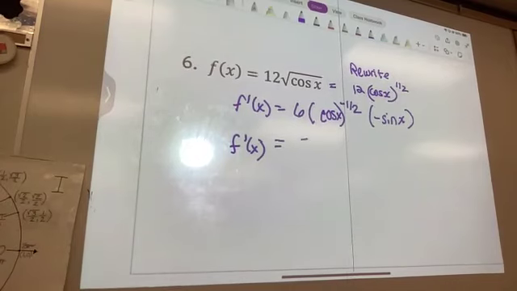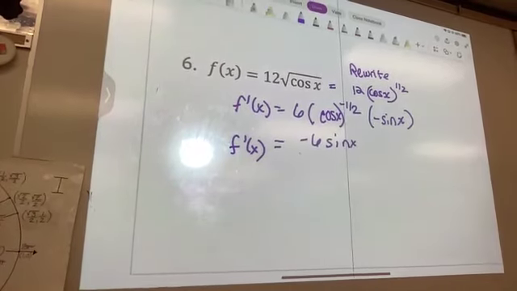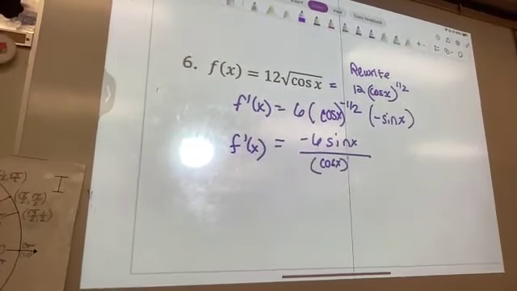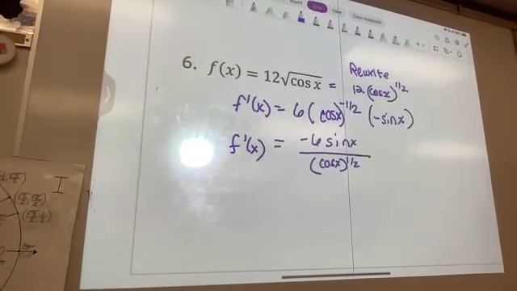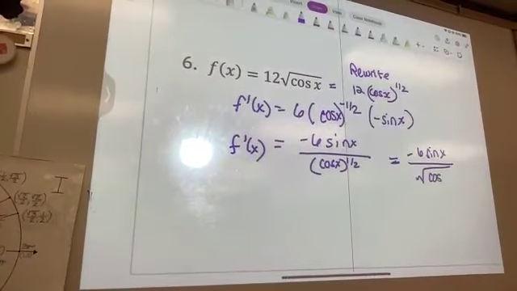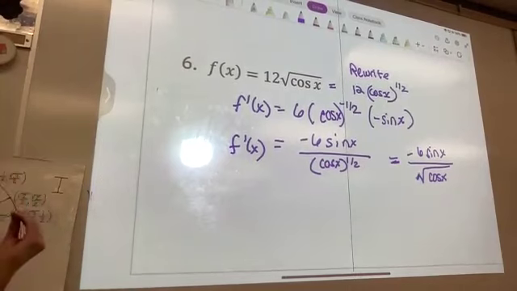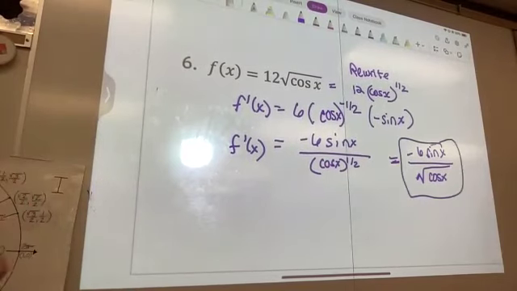So I would say this is negative 6 times the sine of x divided by cosine x to the 1/2. I probably wouldn't write that step. I would just go right to here, because I know that it translates to that, whatever you're comfortable with. That makes sense? Okay. All right.